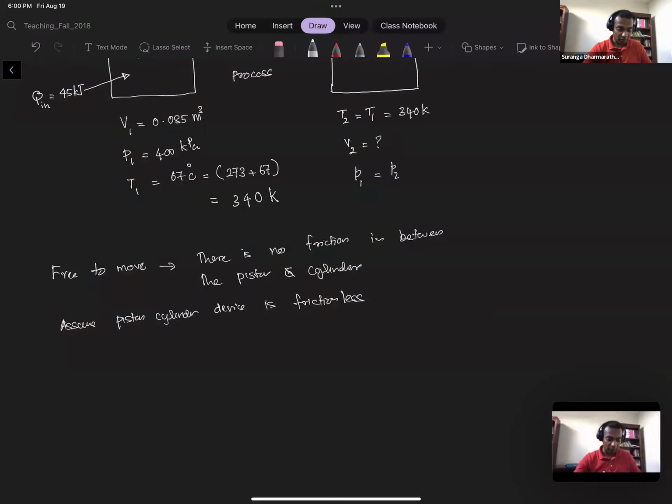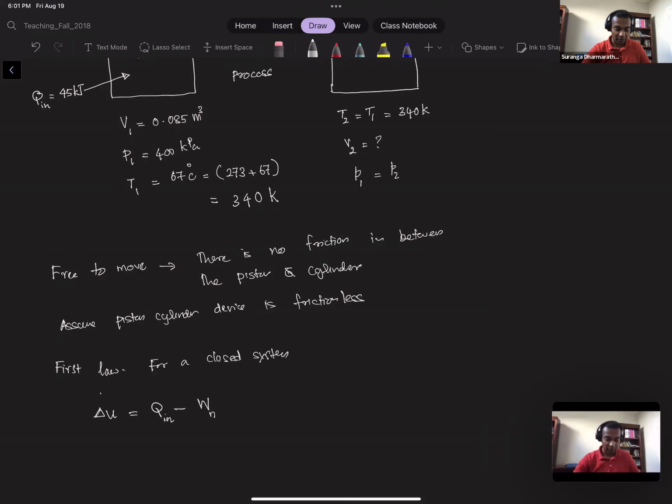If you write the first law for a closed system, delta U equals Q minus W. Now, when I write Q minus W, this is the heat input, right?